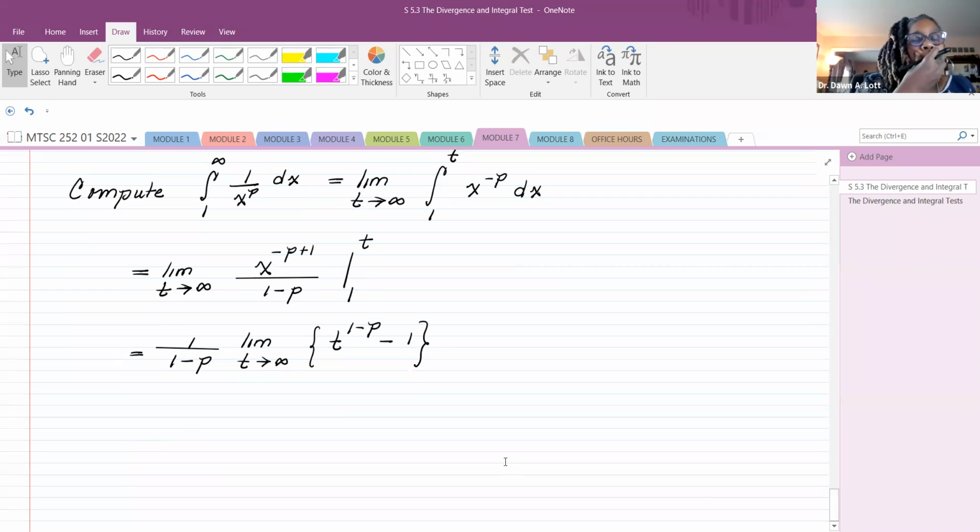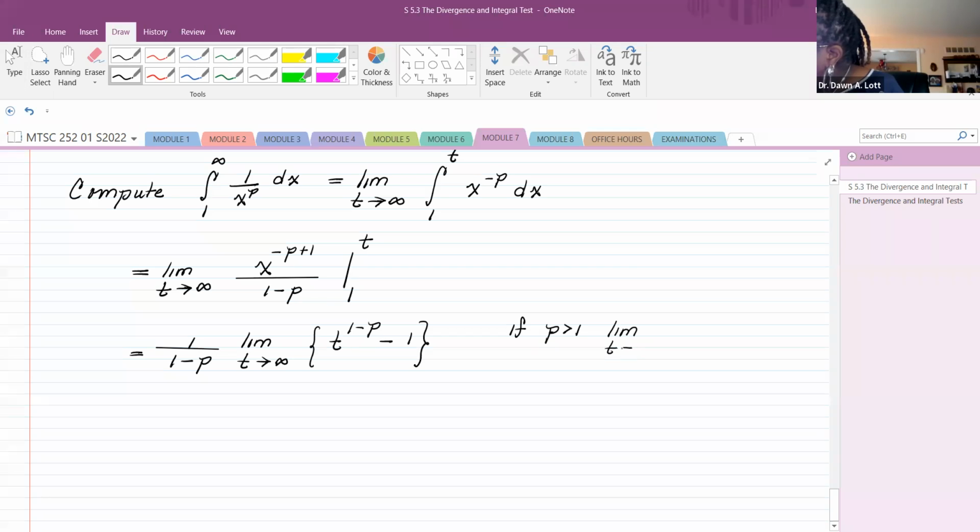T is going to infinity. So if p is greater than 1, you get the limit as t goes to infinity of t to the 1 minus p.